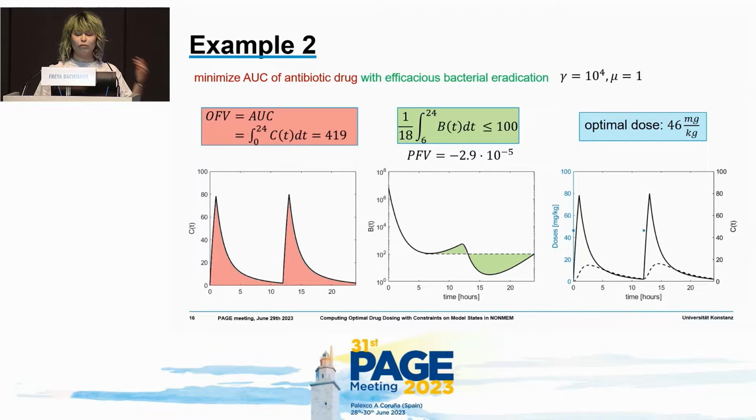Example 2 is a 2-compartment PK/PD model for bacterial eradication. Dosing is twice daily as a 1-hour infusion, and our goal is to compute optimal drug doses that minimize the IUC of the antibiotic drug with an efficacy state constraint. The mean value of the bacterial count B needs to be below the threshold of 100 in the considered time interval from 6 to 24 hours.